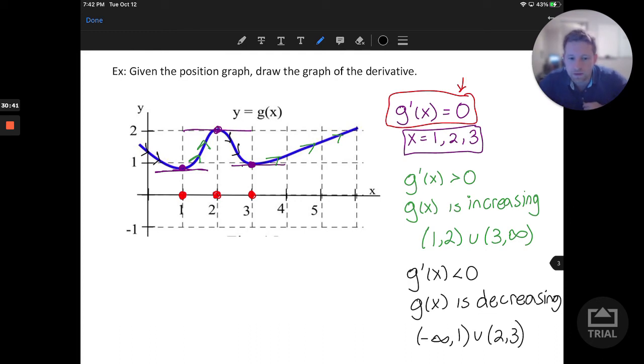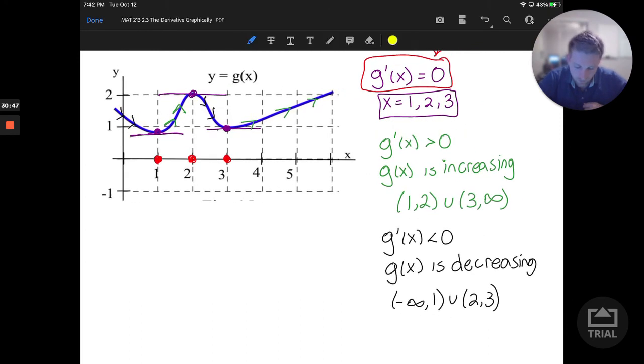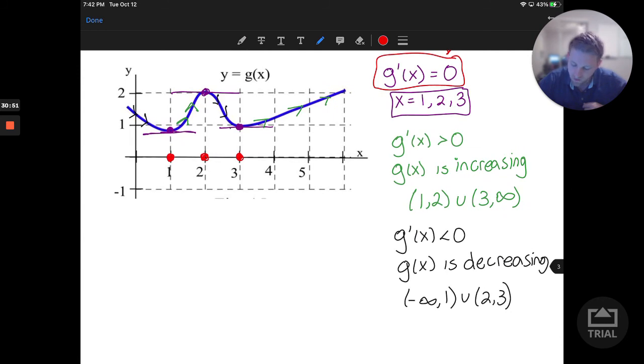And now it's time to put it together. So off of this, I'll sketch this whole thing in red, but we'll go from left to right. The first interval we get is the negative infinity to 1 interval. And we said that that interval was part of the decreasing, and therefore our derivative here needs to be less than 0. And so positionally here, our derivative needs to be negative.